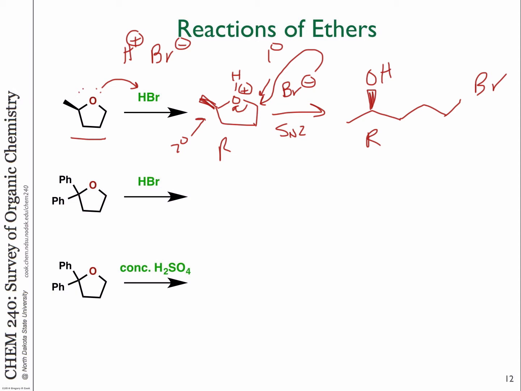If I do the same with the one on the bottom, or the one below it, before we get an oxonium, protonate, now we have weakened the CO bonds again, but what's the difference with this one? Tertiary versus primary. That carbon versus that carbon, right?